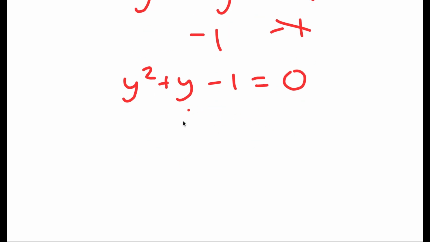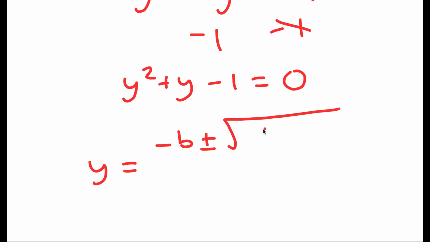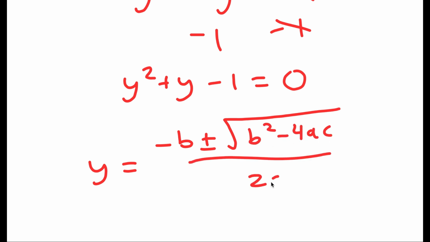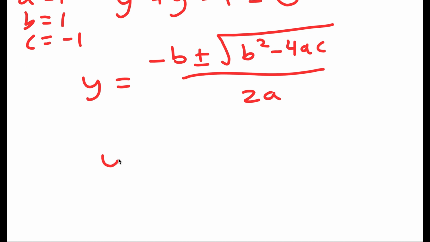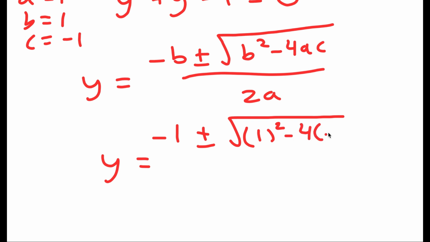And now, I can use the quadratic formula, which is negative b plus or minus the square root of b squared minus 4ac all over 2a. So a is 1, b is 1, and c is negative 1. And I get y is equal to negative 1 plus or minus the square root of 1 squared minus 4 times a, which is 1, times c, which is negative 1.